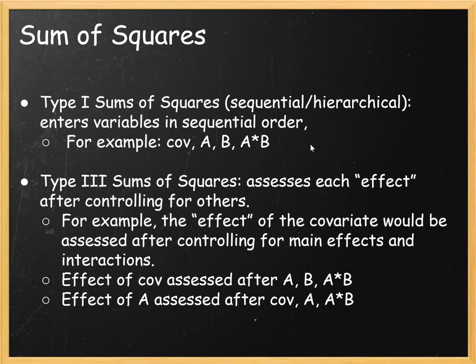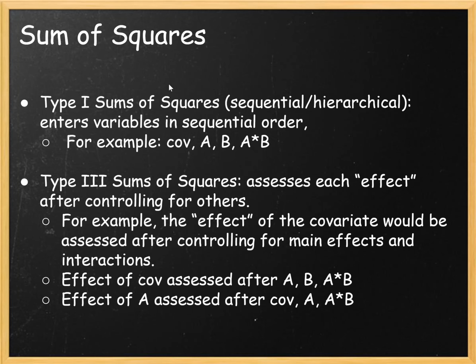You can think of this as being extremely similar to sequential or hierarchical regression, where we have some variables that we want to look at first, and then we have the next step where we're looking at another group of variables.